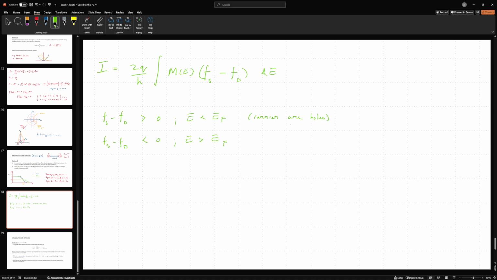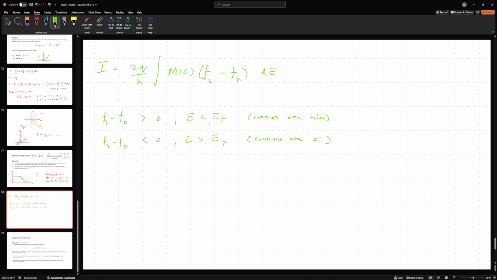And heating the drain will cause an increase in the current. Here my carriers are electrons. So here again the magnitude of the current is increasing, but it's increasing in the opposite direction.